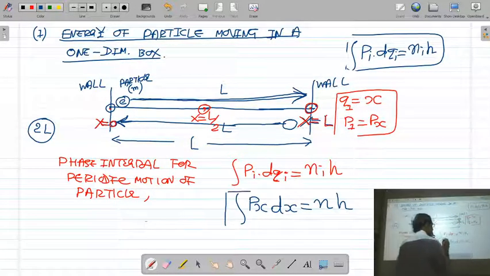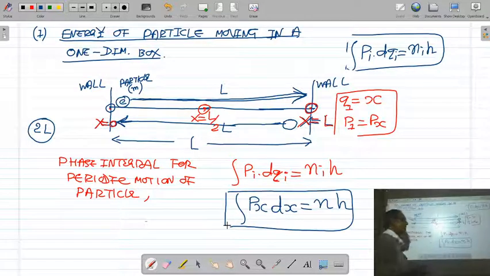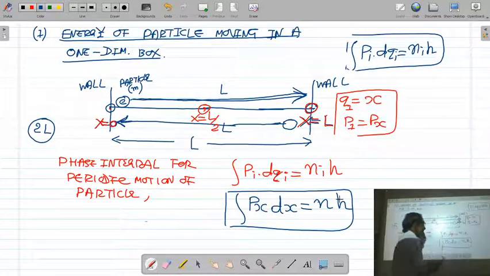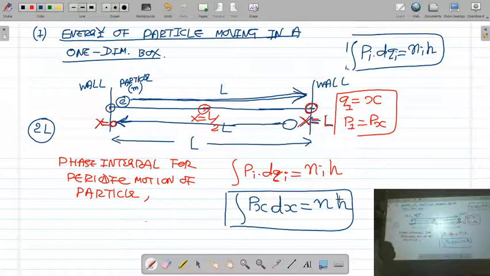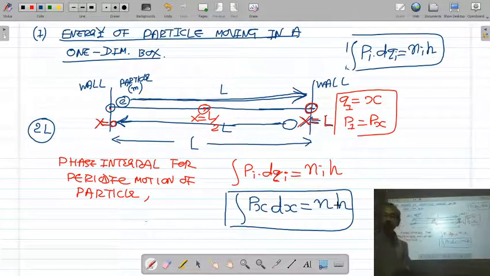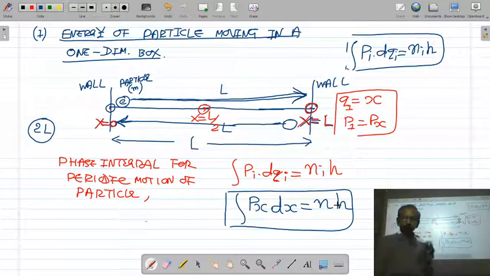So this is the phase integral for the particle moving in a one-dimensional box. The value of the phase integral px dx is an integral multiple of Planck constant h. If you solve this phase integral, you will get the momentum of this particle, and from the momentum, you will get the energy of the particle.